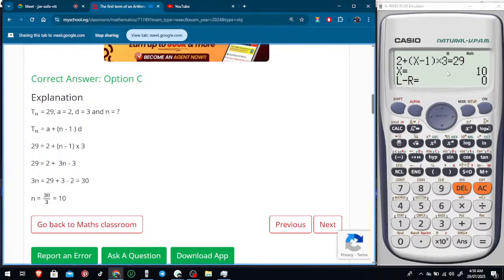We are using the calculator to solve it. Okay, n was 29, so you equate the whole function to 29. Are we okay? Yes, sir.